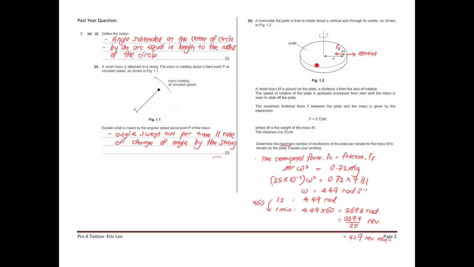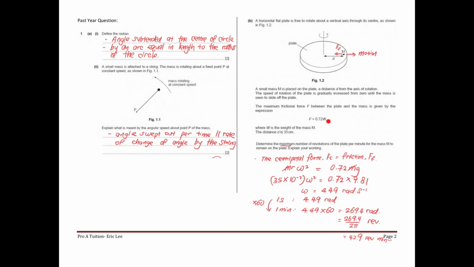Imagine that it rotates at maximum angular velocity, and the small mass m is still on the plate. In that situation, the mass will experience maximum frictional force, which is equal to this value.